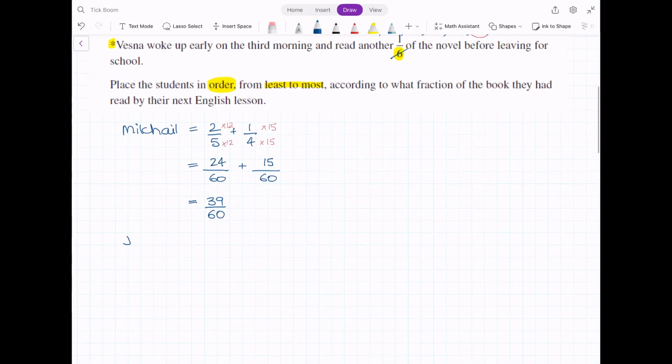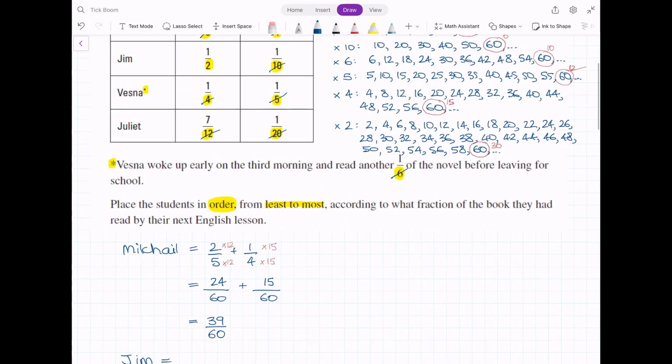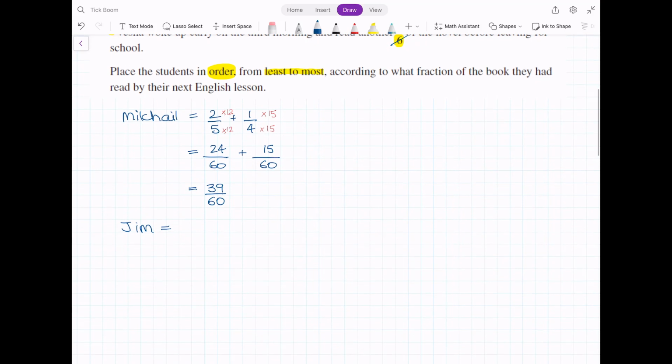So Jim, we're told the amount that Jim read was a half plus a tenth. So 1 over 2 plus 1 over 10. Again, we want that as something over 60 plus something else over 60. The way to get from 2 to 60 is we multiply by 30, so we'll have to do that to the numerator.